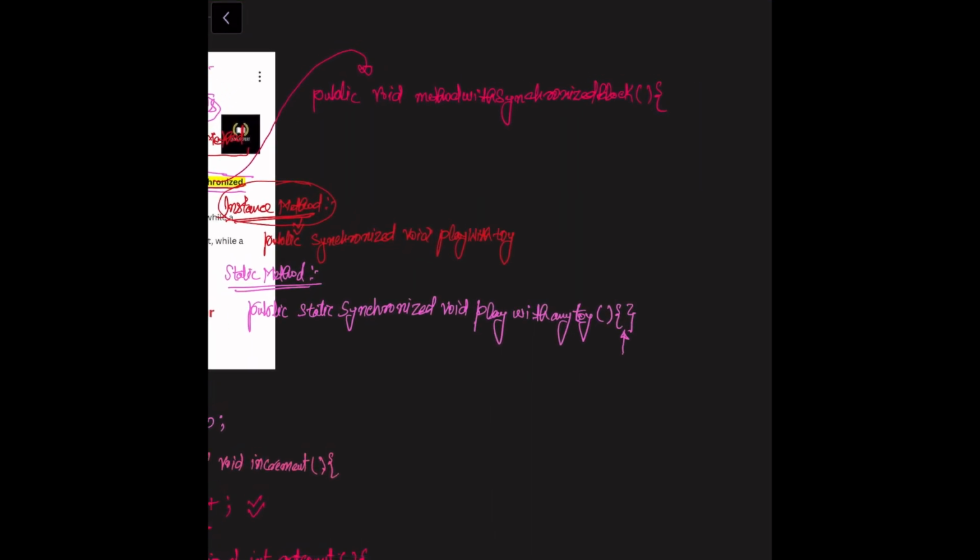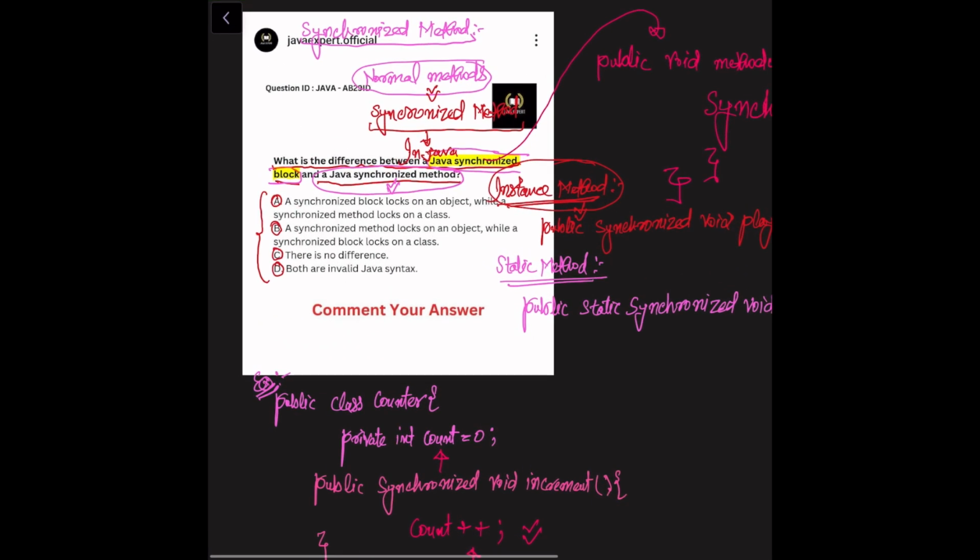Okay, let me resize it. Inside the method, we can use the synchronized keyword for the specific portion of the code or block, and inside that you can write your code, and this will close.